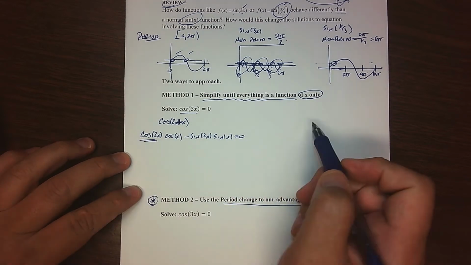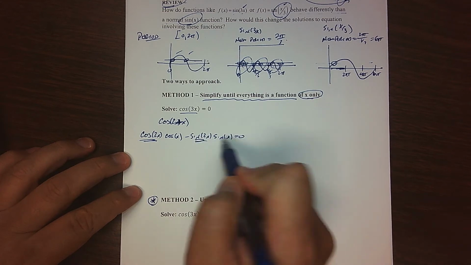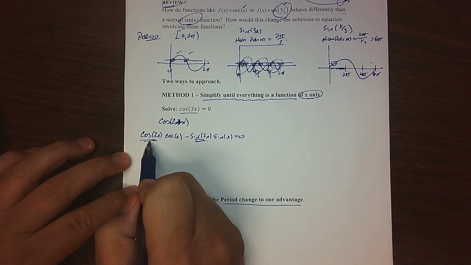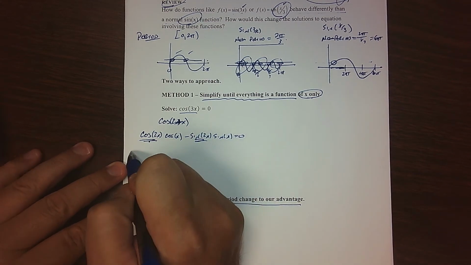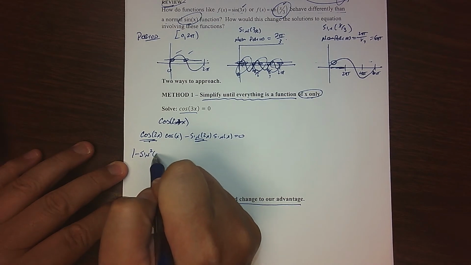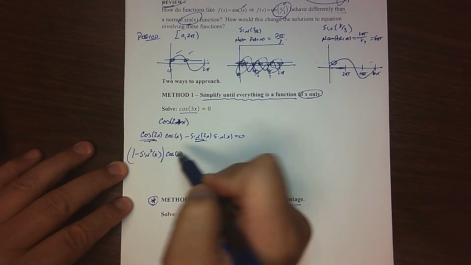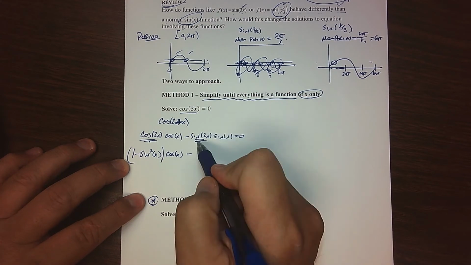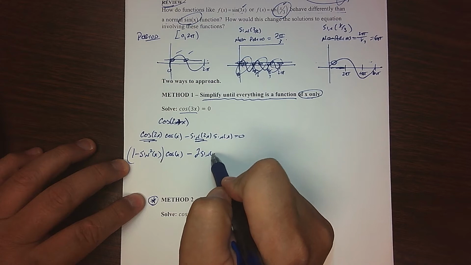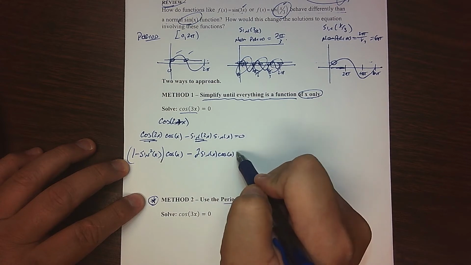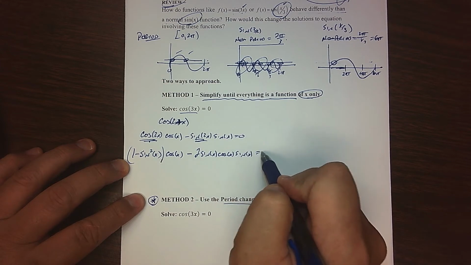Well, we have to convert that cosine of a double angle and that sine of a double angle. This one's kind of hard, but let me go ahead. I'm going to use 1 minus sine squared x for that guy times the cosine of x, and you'll see why in a moment. So we get 2 sine x cosine of x times the sine of x. This is still equal to 0.